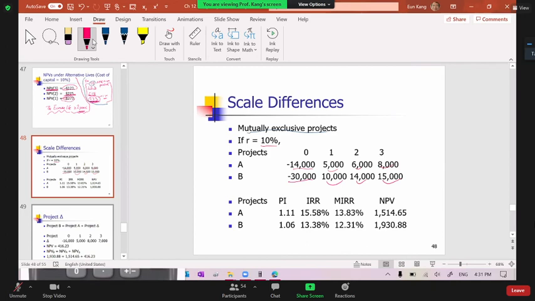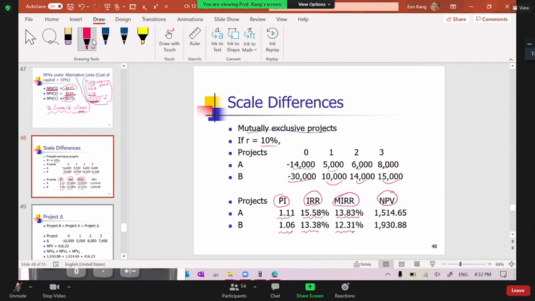When you calculate PI, A is 1.11, B is 1.06, A is better. Using IRR, A is 15.58, B is 13.38, still A is better. Using MIRR, A is 13.83, B is 12.31, still A is better.